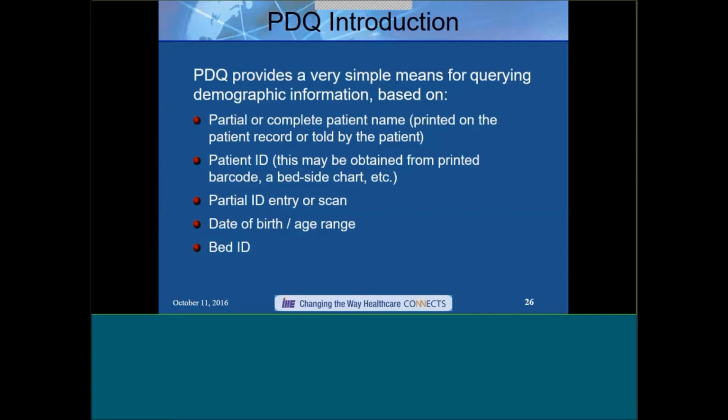You know a little bit about that patient and you want to know all the patients that match that. One use case is I want to present my user with a pick list. They'll recognize the patient when they see them. Say I'm in the radiology department of the hospital and I want to query everyone with the last name of Jones whose current location is radiology. I'll present the user with a pick list, and they'll recognize which Jones it is and choose that patient.